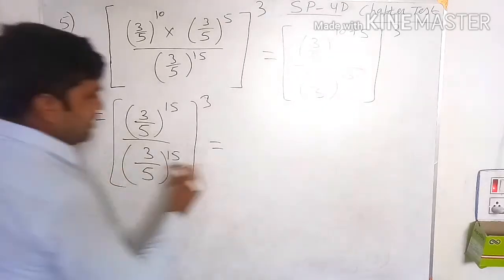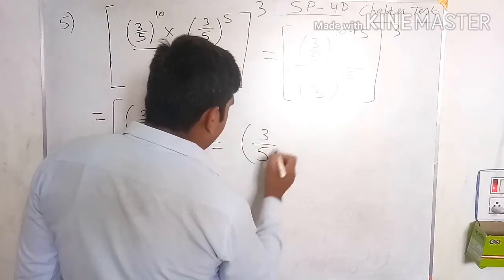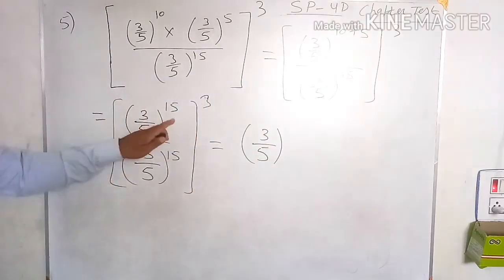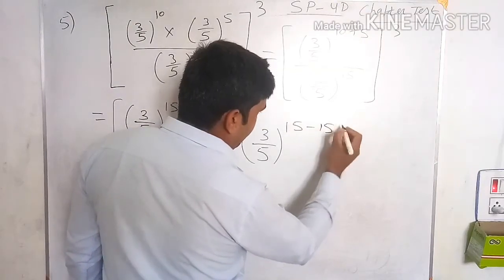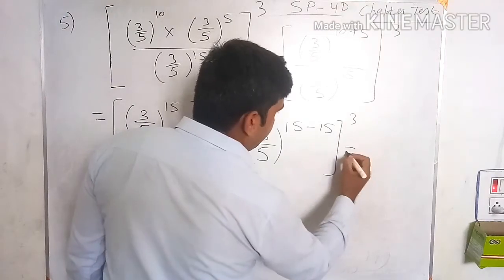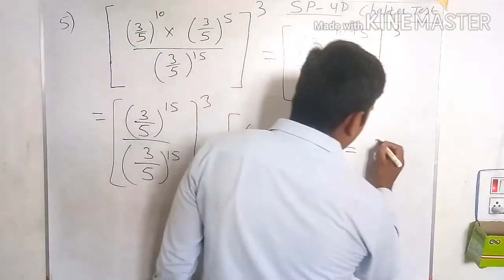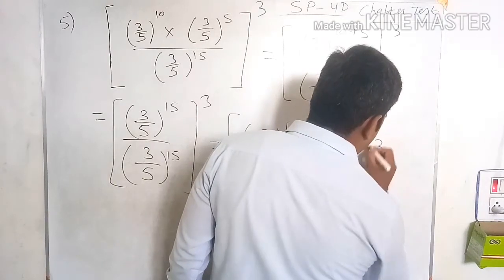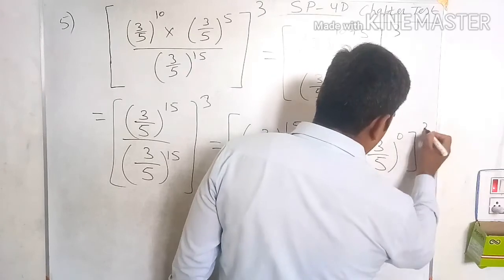So take the base common, 3 by 5, and after that we subtract the power, first power minus second power, that is 15 minus 15, and whole to the power 3. If you subtract 15 from 15, you get 0. So we got the value 3 by 5 to the power 0 and to the power 3.